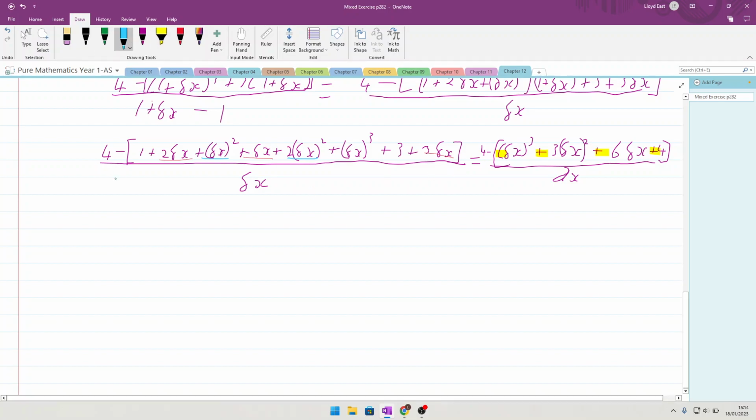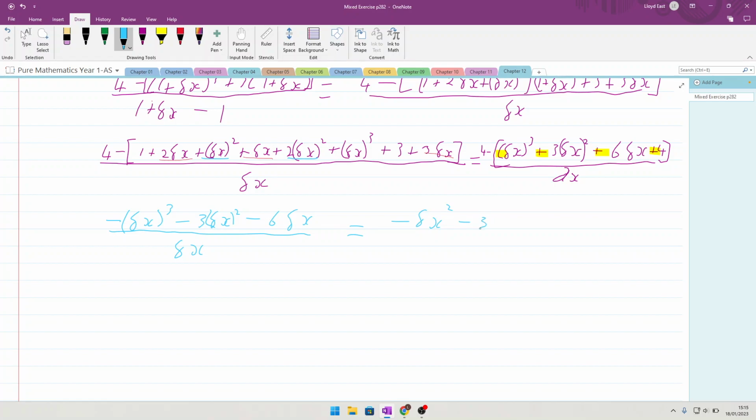So we are left with in here delta x to the 3 minus 3 delta x squared minus 6 delta x, all to be cancelled by delta x, and that gives you a minus delta x squared minus 3 delta x minus 6.